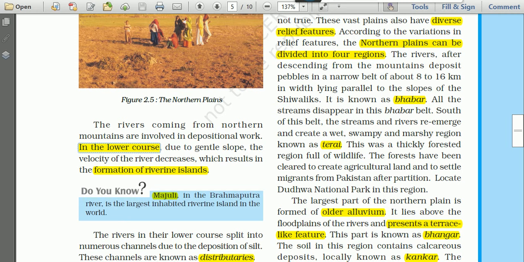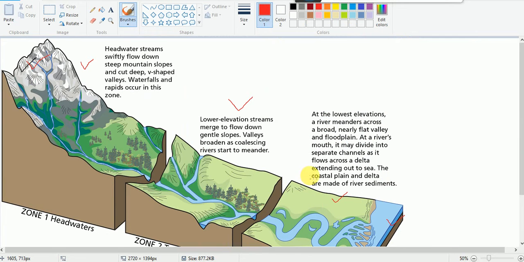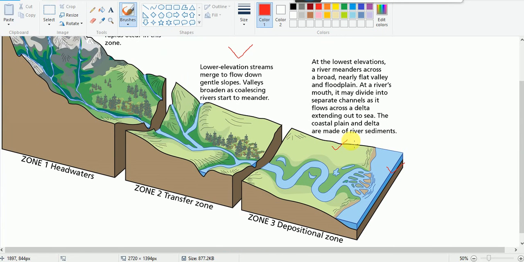And in the lower course, due to gentle slope, when the river approaches the sea areas, the coastal areas, the slope is very gentle.